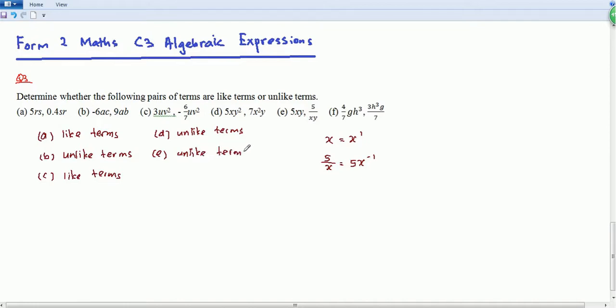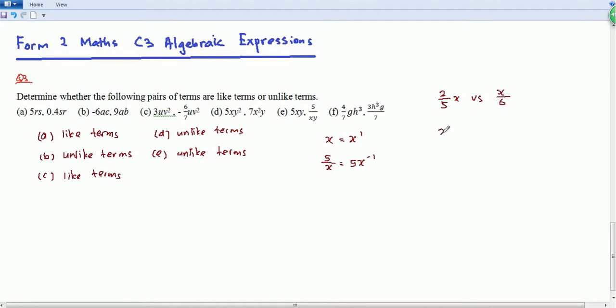Be careful here. Let me use another example. 2 over 5x versus x over 6. These are like terms, power 1 and power 1.